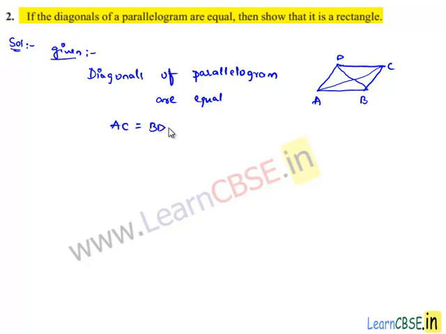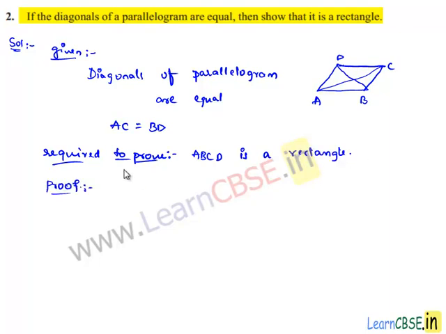He has given that AC is equal to BD, and now he asked us to prove that the given parallelogram ABCD is a rectangle. In order to prove that, let us follow a procedure.